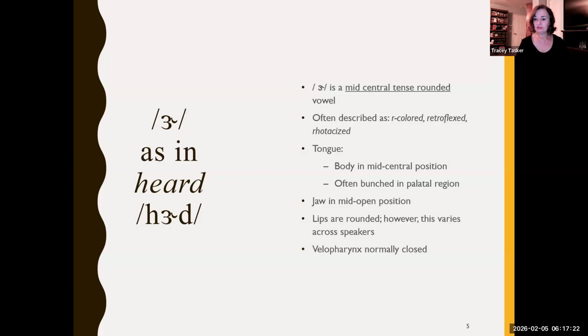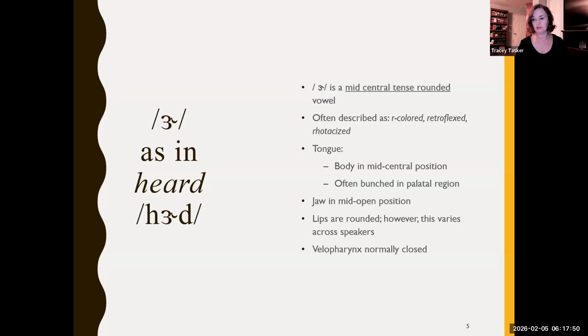I already said that it's different words that all mean the same thing. R-colored or rhoticized indicates that it has that R sound when we produce it. Your jaw is in a mid-open position. And as I was just talking about, sometimes certain speakers will not round their lips to make this.